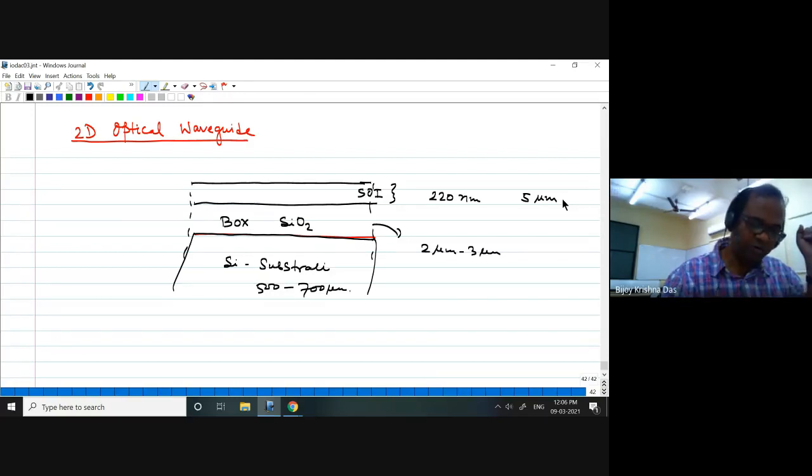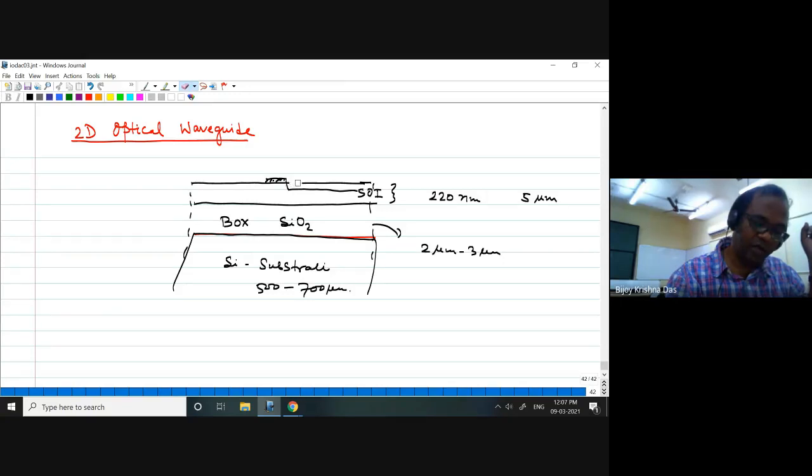And how can you define a waveguide structure? You define a certain width with a mask, and then in the surrounding region you remove material.